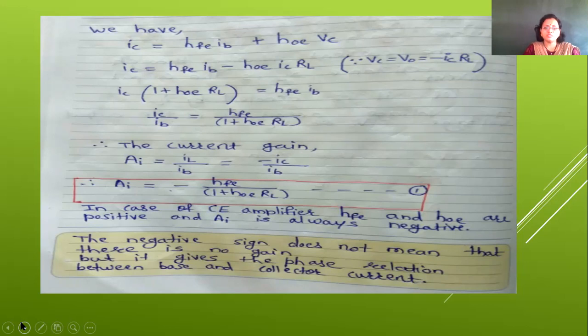In case of a CE amplifier, HFE and HOE are positive, and AI is always negative. The negative sign does not mean that there is no gain, but it gives the phase relation between base and collector current. This is the first parameter.